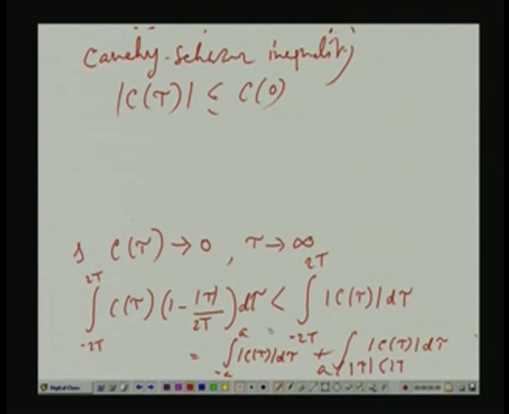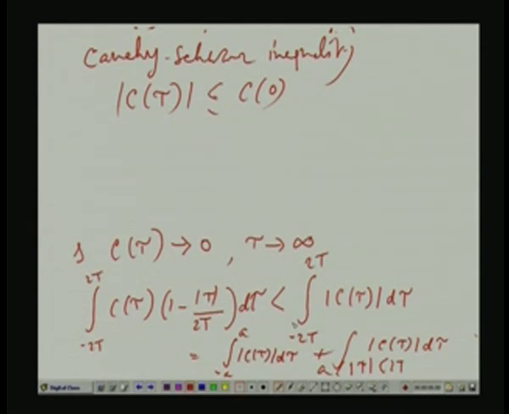So, that means, on the right hand side the first integral is always less than or equal to twice A into C 0, and this other integral, since C tau is less than epsilon, is equal to what? How much area?